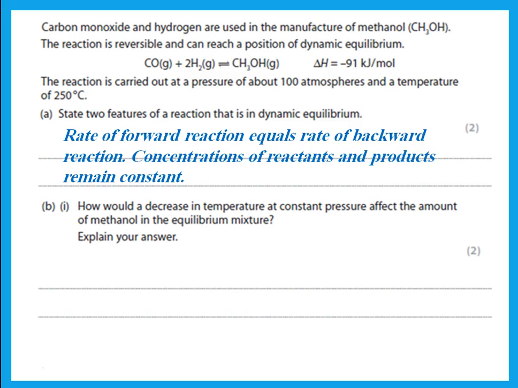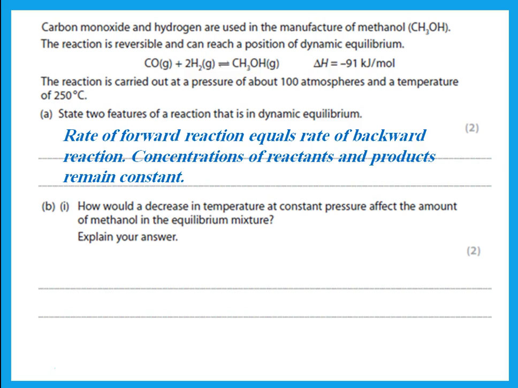How would a decrease in temperature affect the amount of methanol? So if I decrease the temperature, remember, when we decrease the temperature, the reversible reaction goes to the side that is exo. Lower temperature goes exo. Higher temperature goes endo. So if I decrease the temperature, it goes exo.